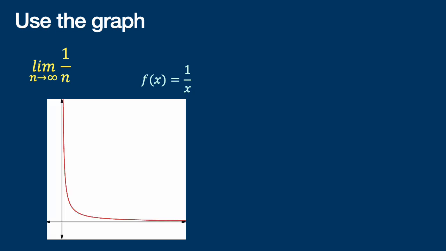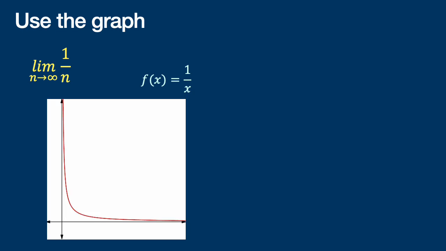Another way to understand the limit of a sequence is by looking at the graph of a related function. Let's have the first example: the limit as n approaches infinity of 1 over n. How are we going to find this limit? We think about the related function to 1 over n, that's f(x) equals 1 over x. I sketch the rational function.